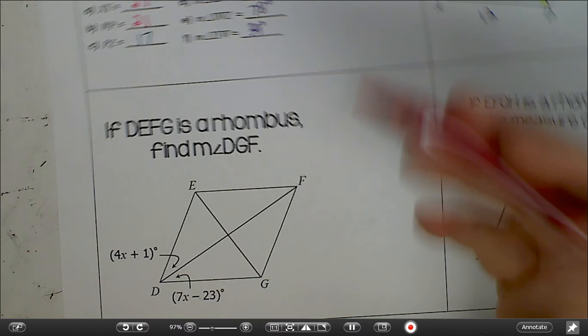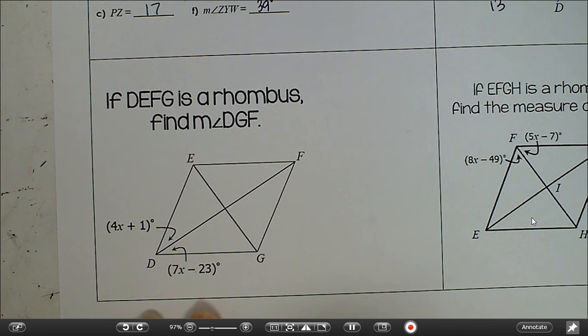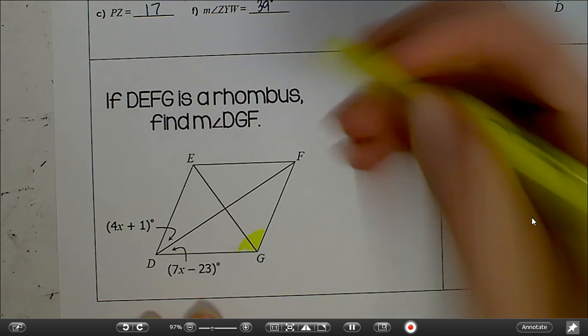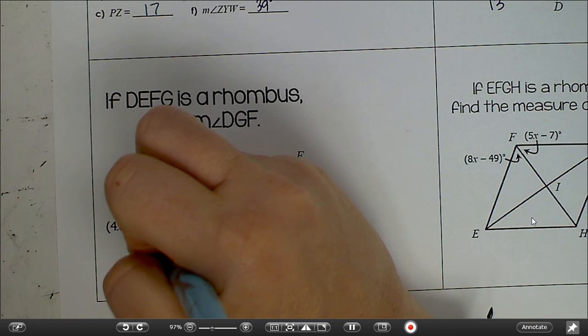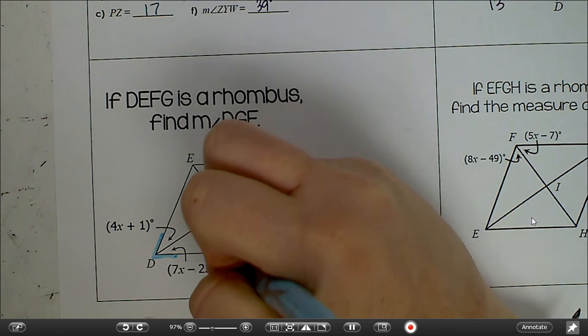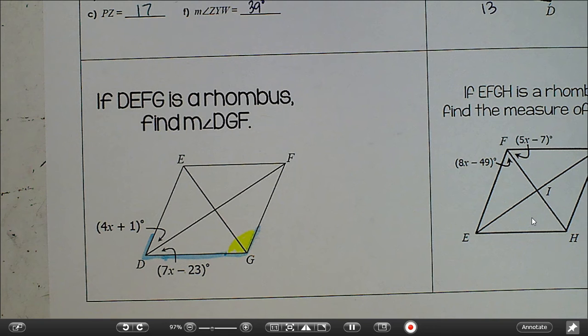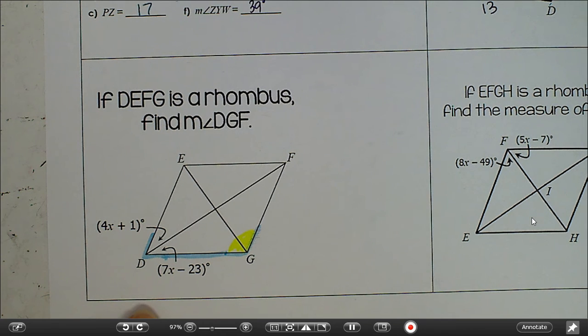In D, if DEFG is a rhombus, find the measure of angle DGF. We want this whole angle here. So the way my mind works is I say, oh, well, I have information about this angle and this one. I know that in a parallelogram, and therefore a rhombus, consecutive angles like this are 180 degrees.